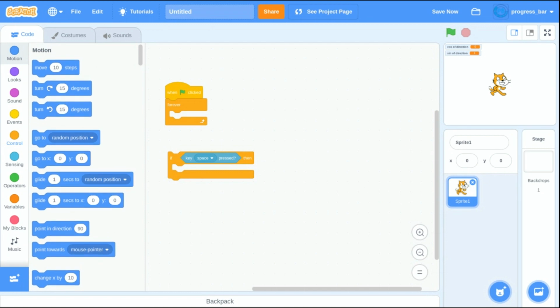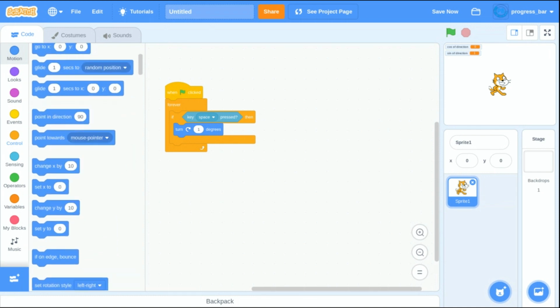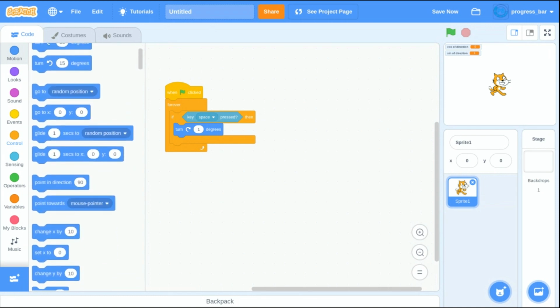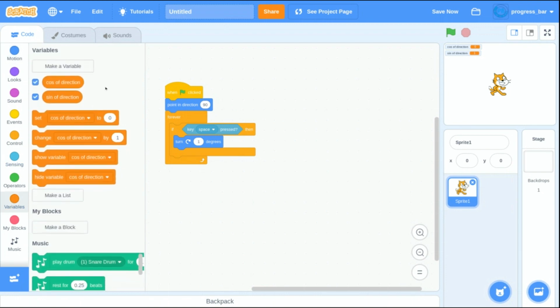This little module over here is going to help me see what happens to sine and cosine when I change the direction. My plan here is that I'm going to look at the sine and cosine of direction as I'm changing the direction with my own key presses. And what I hope to figure out is how sine and cosine are modifying the direction.